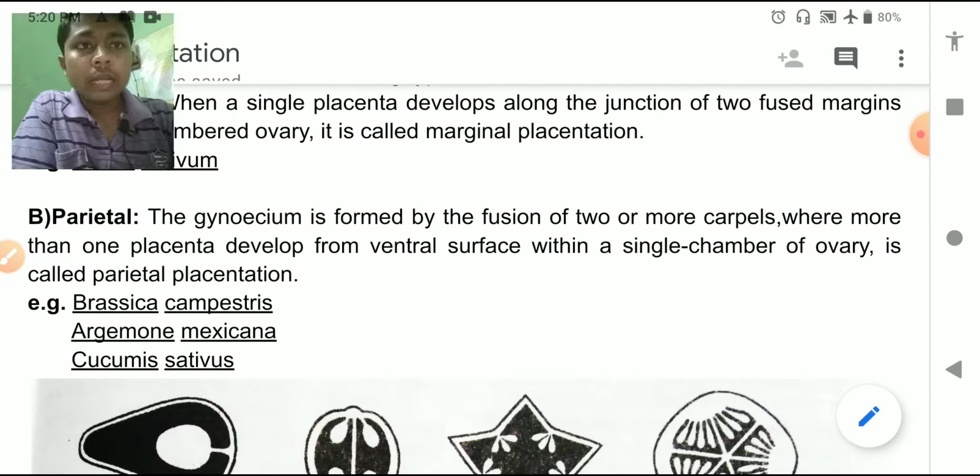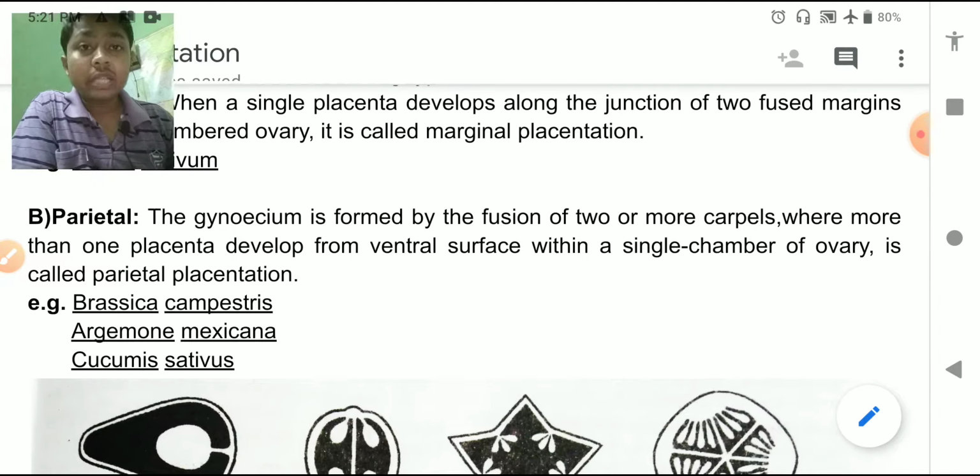More than one chamber may be present, or sometimes it becomes one chamber. That's the reason it is called parietal.